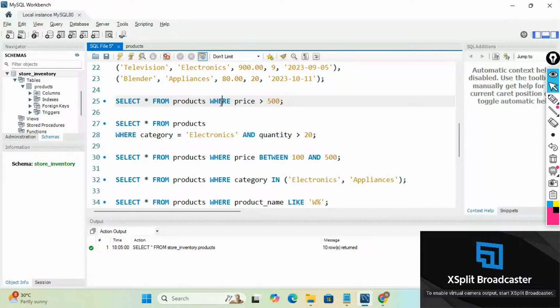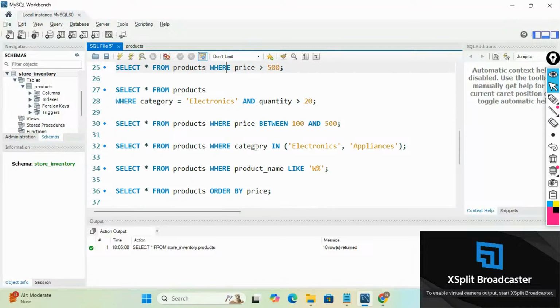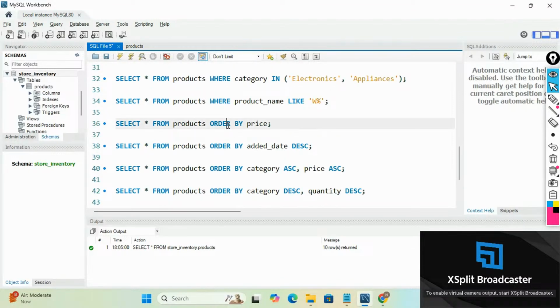We can also use it in different indexes, even on views. We had a combination of operators and clauses, so all these were understood. The primary purpose of using the where clause is to filter the data. Next to the where clause, we also understood the order by clause.